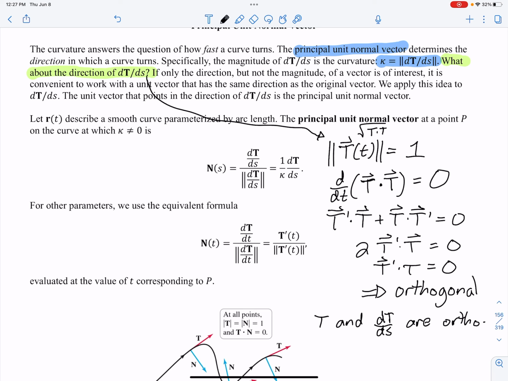But if we're only concerned with the direction, which way it's going to turn, we don't care about the length or the magnitude. We only care about the direction. So we apply this idea and use a unit vector. We needed a way to describe which direction the curve in 3-space is going to go, and this will be based on this normal vector.